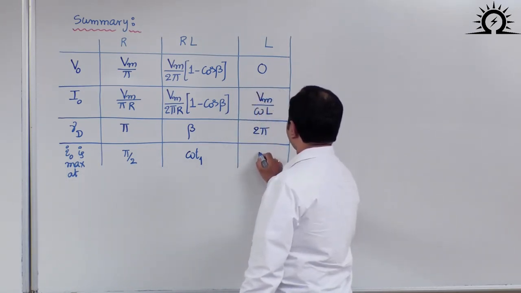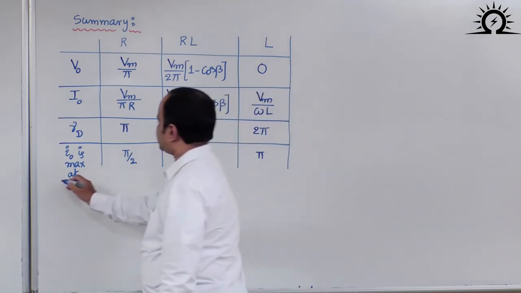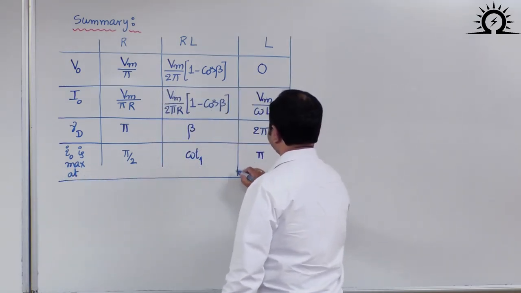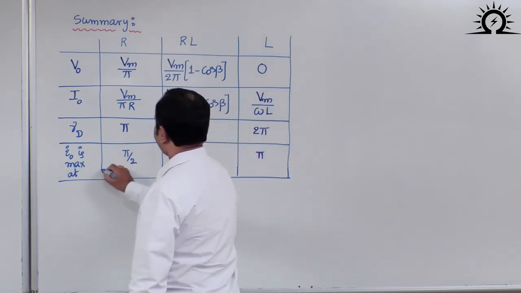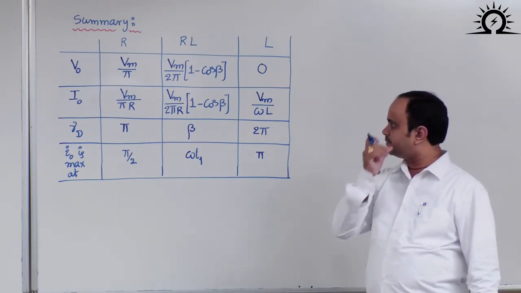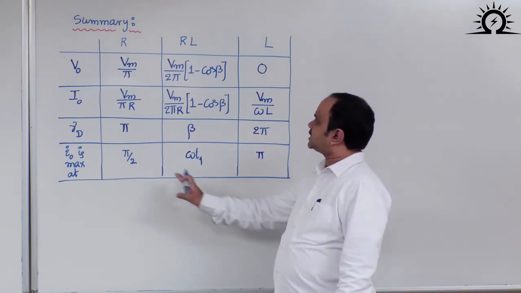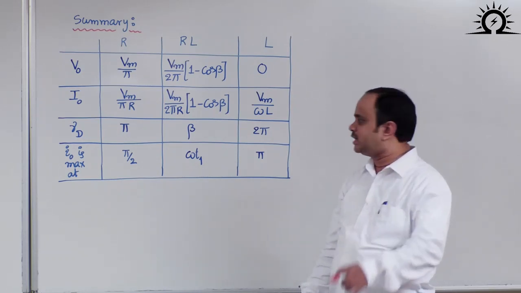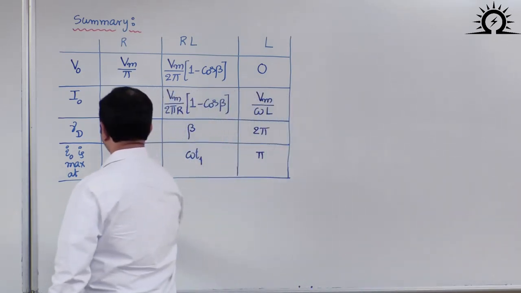In pure inductive load, i naught was maximum at omega t equal to pi. So this comparison table is important at this stage of analysis, right? Now after this comparison table, we can have one important conclusion. Now observe carefully.